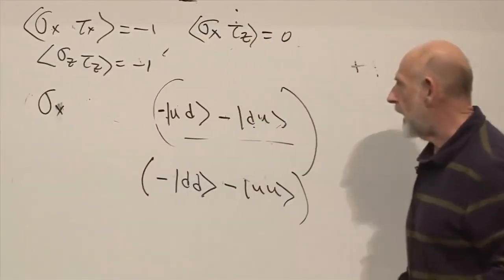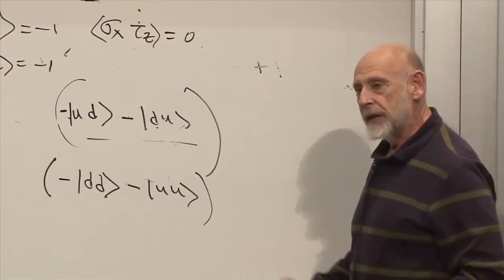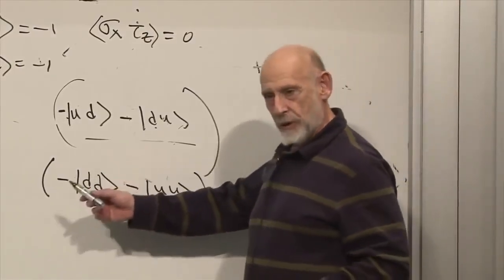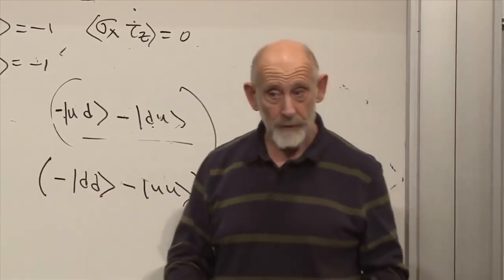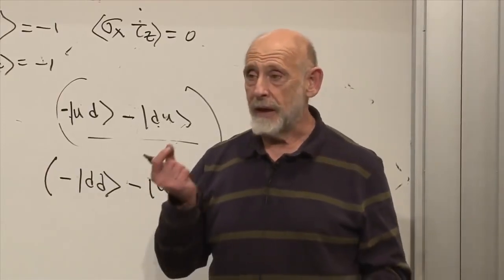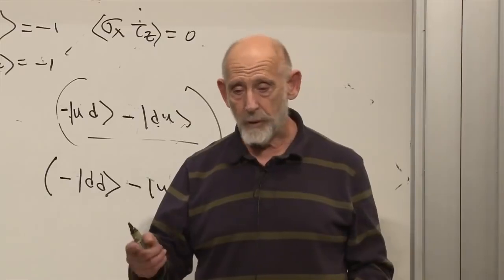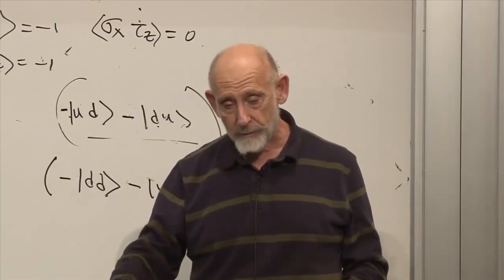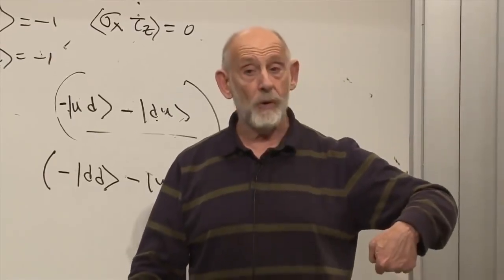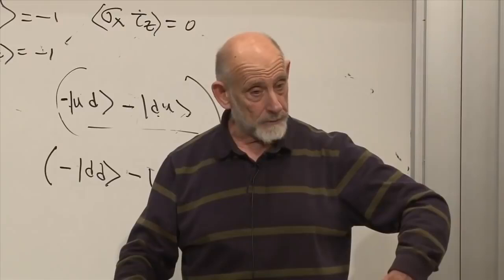If you measure any component for one of them, you will get exactly the opposite if you measure the other one. It's a statistical correlation: if you measure one of the components of spin of sigma, and also the same component for the other one, they'll be opposite.